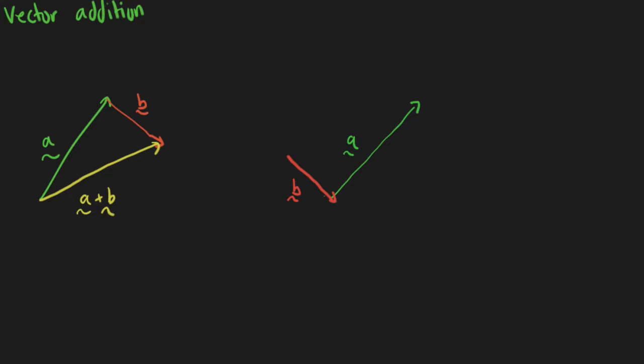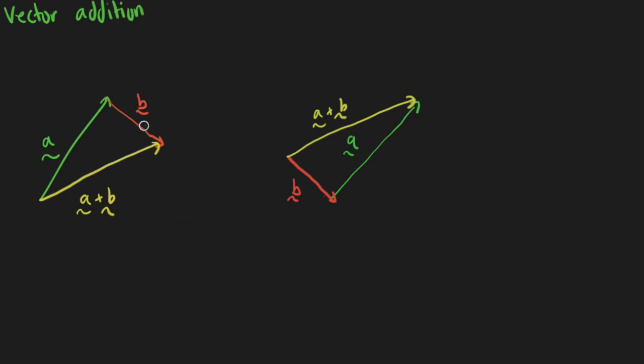So then A plus B, or here we're doing B plus A, which is the same as A plus B, would be there, right? So A plus B. And you can see from comparing this and that they have the same direction and the same magnitude, right? Obviously my diagram is a bit rough, but if you were to use a ruler and perhaps measure the angles, that would be the same. So this is the geometric way, or the graphical way, of representing vector addition.